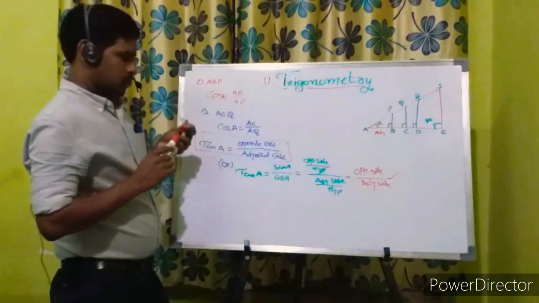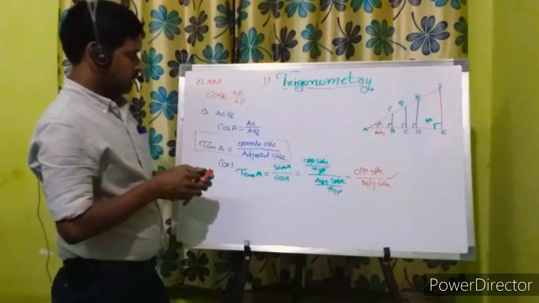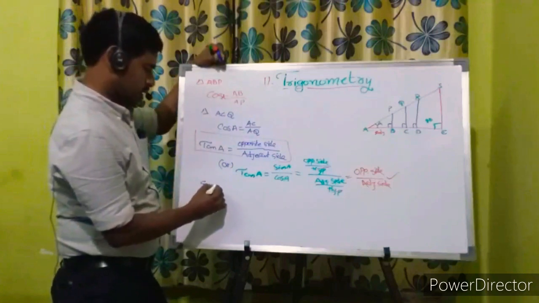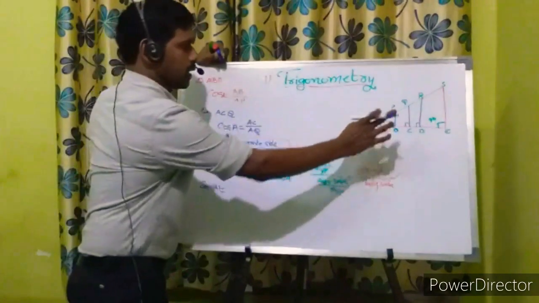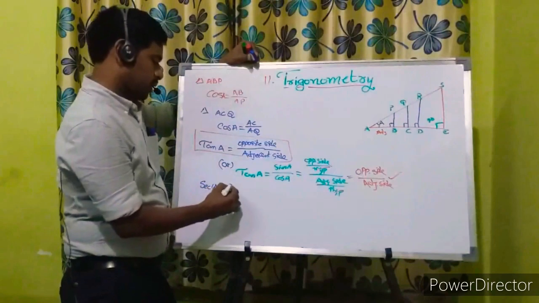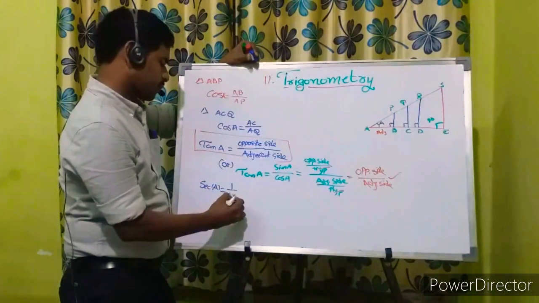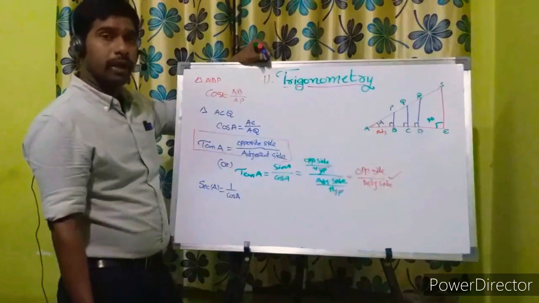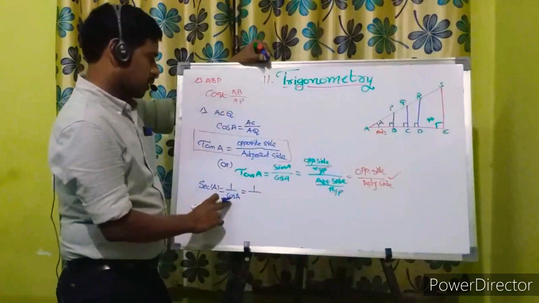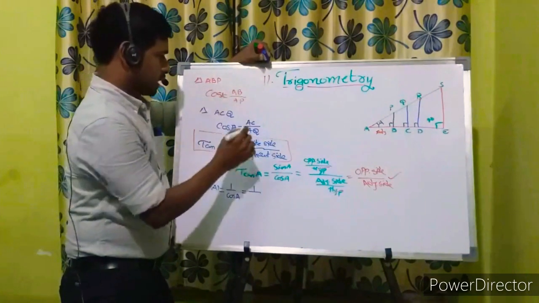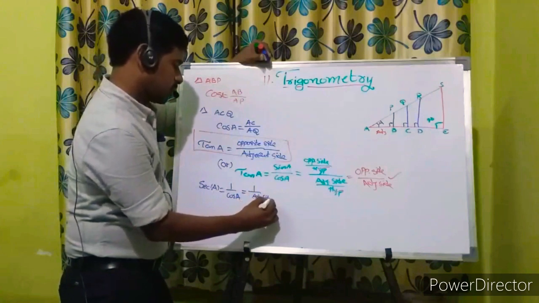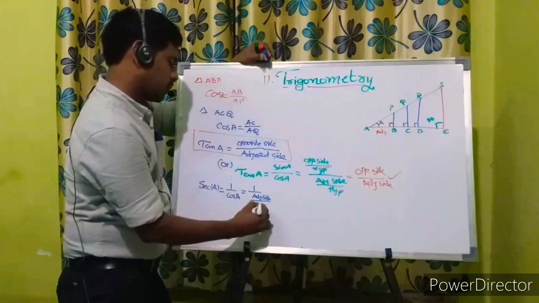Okay, next one, secant A with respect to angle A. Secant A means the formula 1 by cos A. Cos A means adjacent side by hypotenuse.